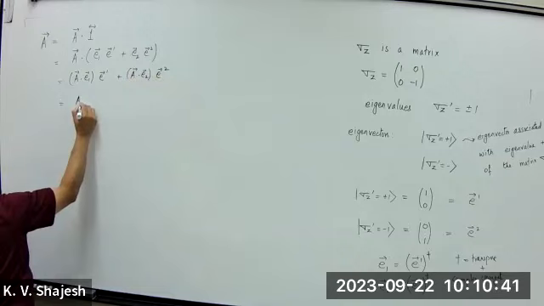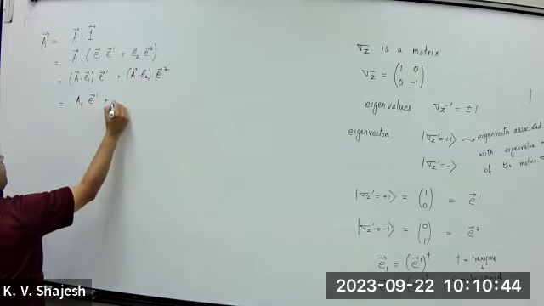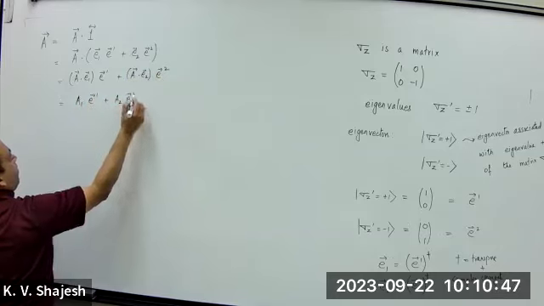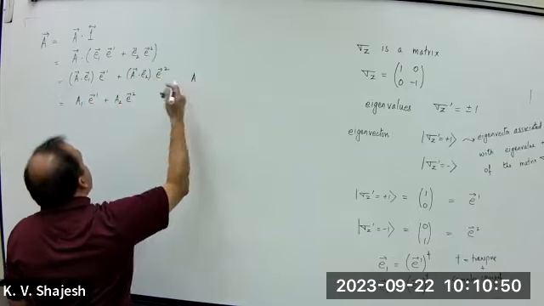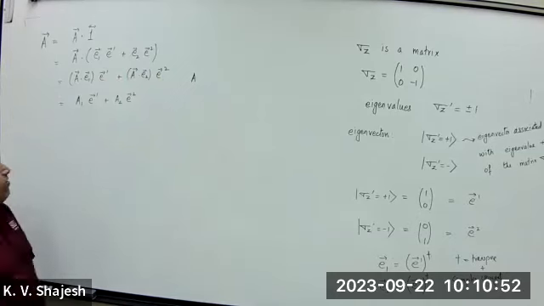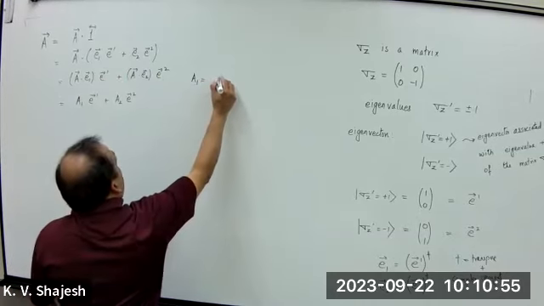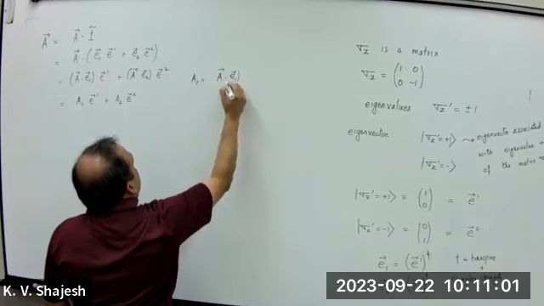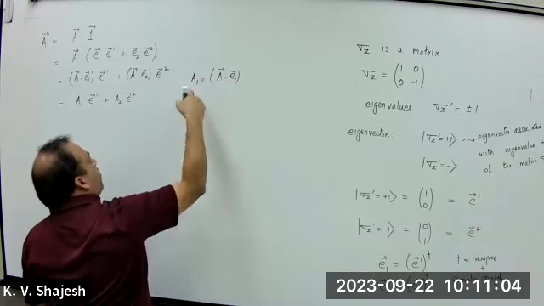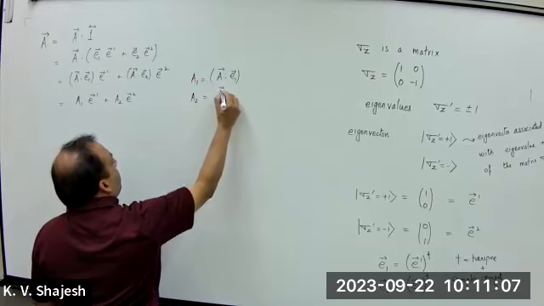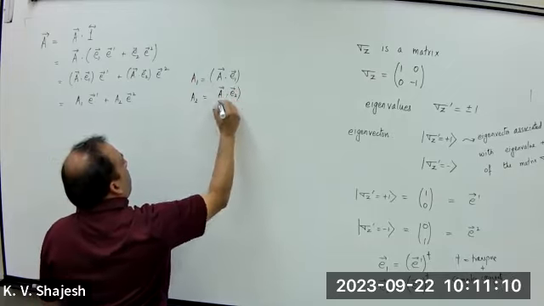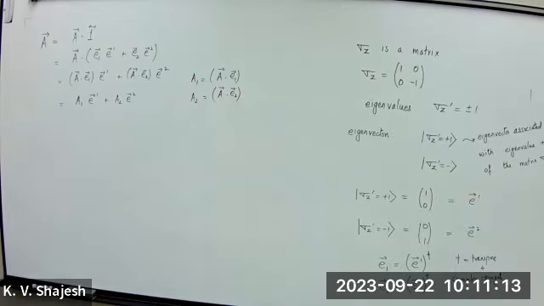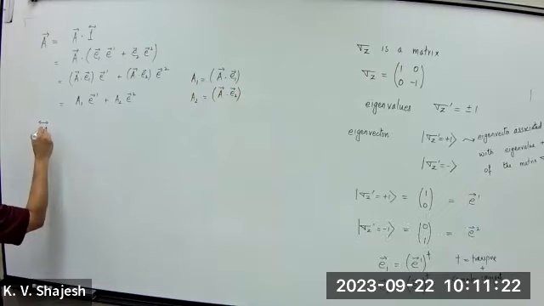Identify this as A1 times E1 plus A2 times E2. So notice I'm identifying the components of a vector. A1 is equal to the vector, if I know its structure, dotted with E1, and A2 the second component. Component 1, component 2 of the vector is this. But I am here working with matrices, not vectors, so I want the components of a matrix. Let's say M is my matrix.